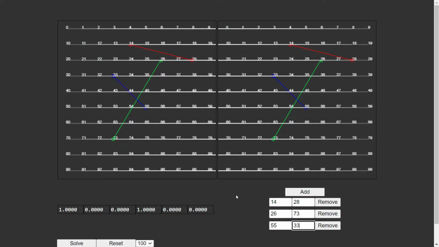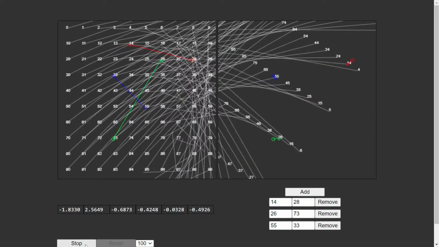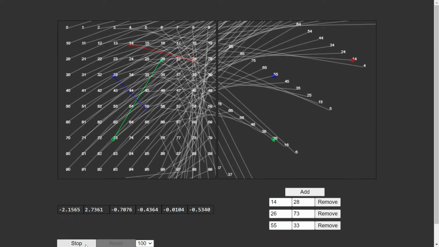Okay, so let's try to solve. Oh my word, I just got destroyed. My conjecture is completely destroyed. Wow.